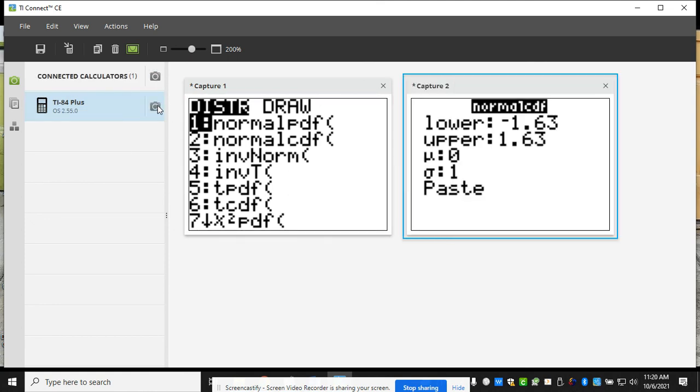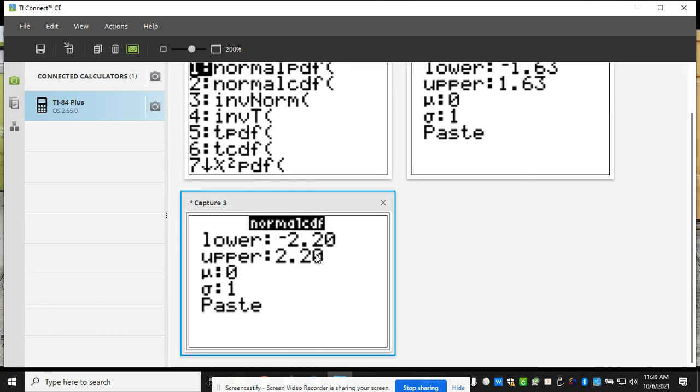So this is saying I want a normal distribution with a lower number and an upper number. Well, what is my lower number here? And what is my upper? So it should look like that. The 0 and 1 always stay because that means it's standard normal, which means we can use the yellow sheet.